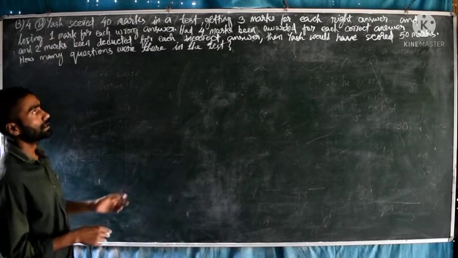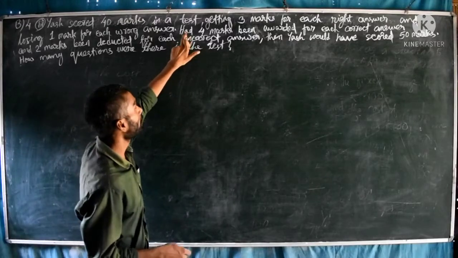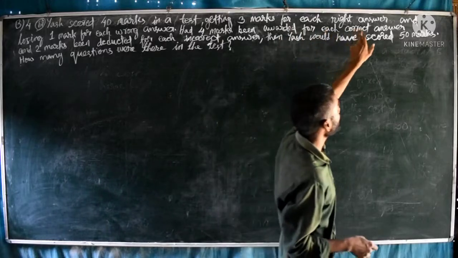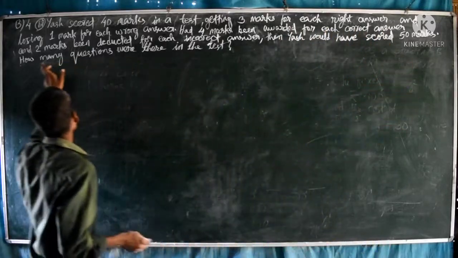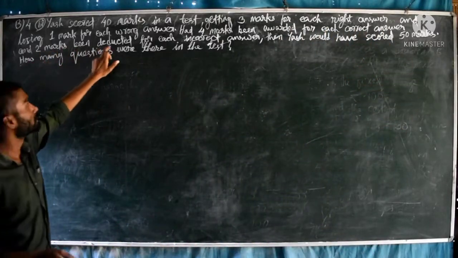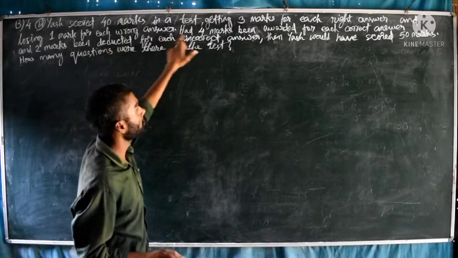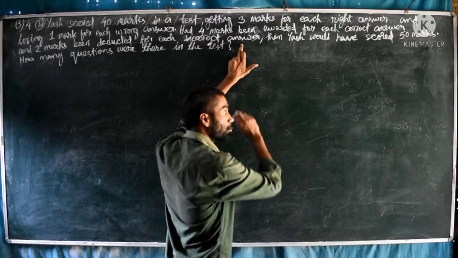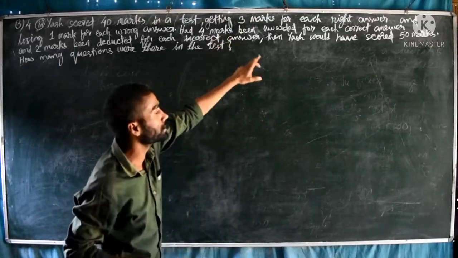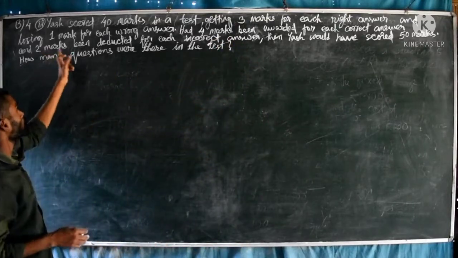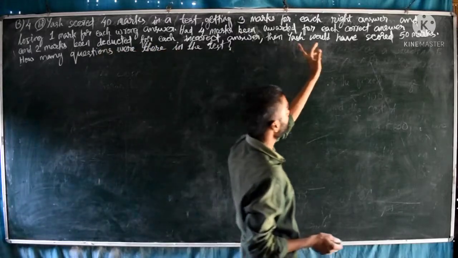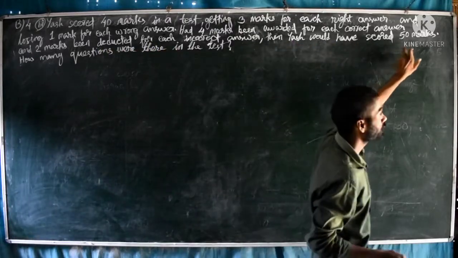Now, the second condition: had 4 marks been awarded for each correct answer and 2 marks been deducted for each incorrect answer, then Yash would have scored 50 marks.